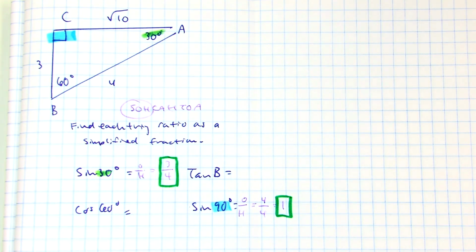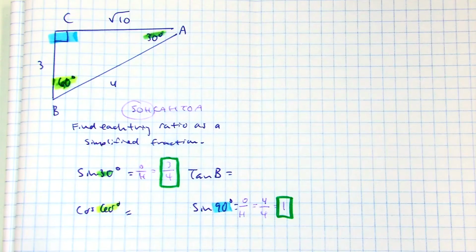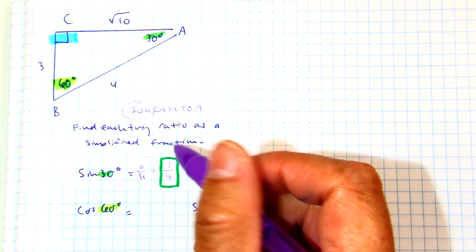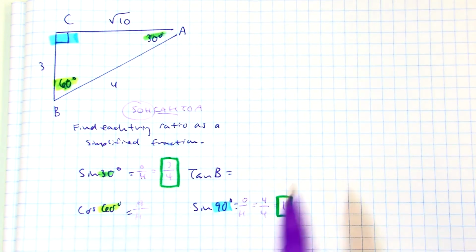Charlotte? Cosine of 60. Which two sides? A over H. What is the adjacent side from here?